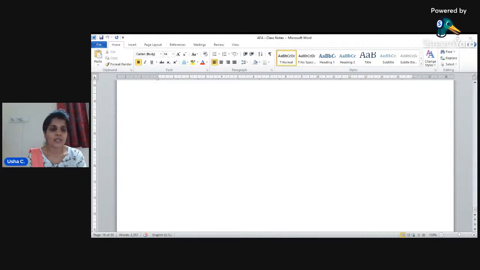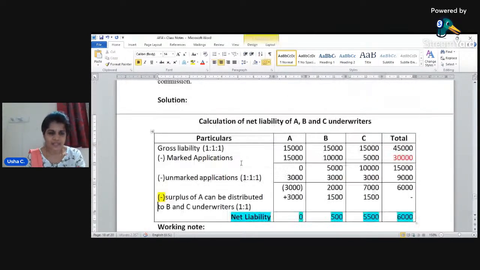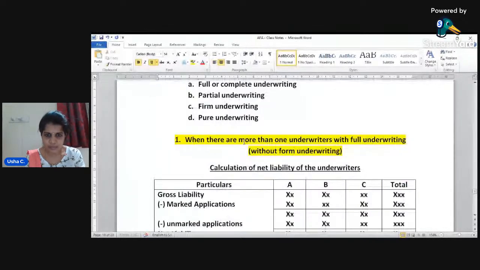When there was no firm underwriting. This was the case when there are more than one underwriters with full underwriting, without firm underwriting.